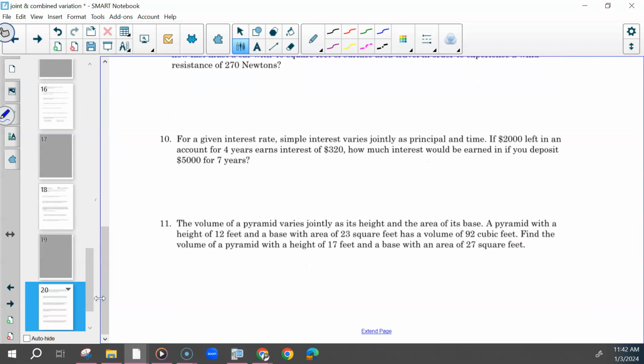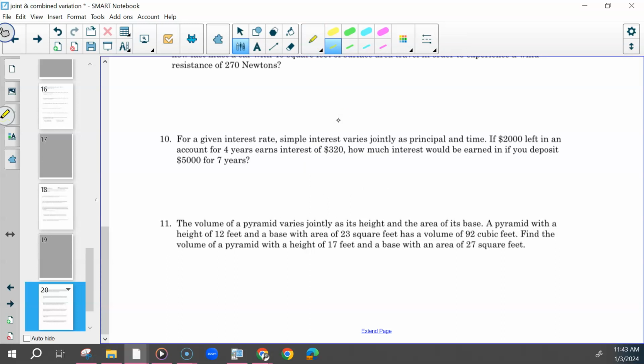So for number 10, for a given interest rate, simple interest varies jointly as principal and time. If $2,000 left in an account for 4 years earns interest of $320, how much interest would be earned if you deposit $5,000 for 7 years? What's important there?